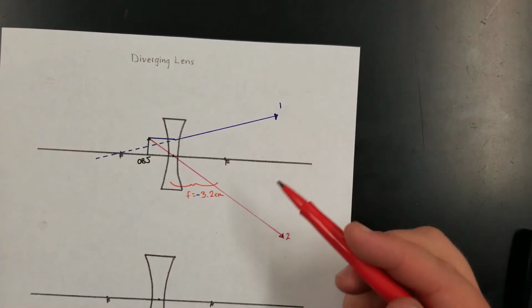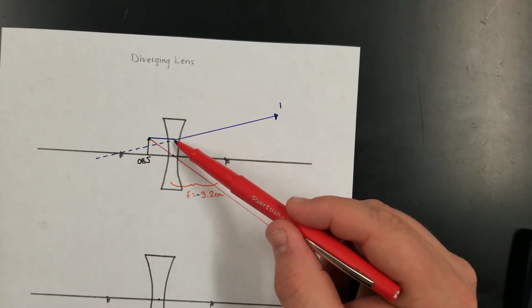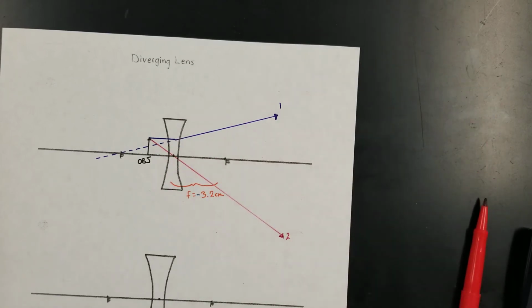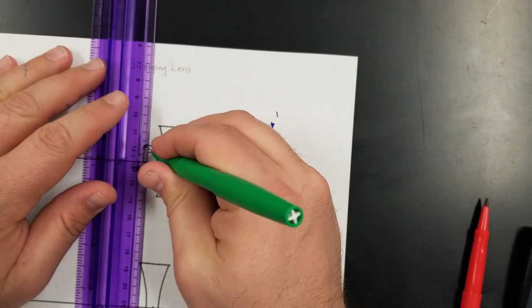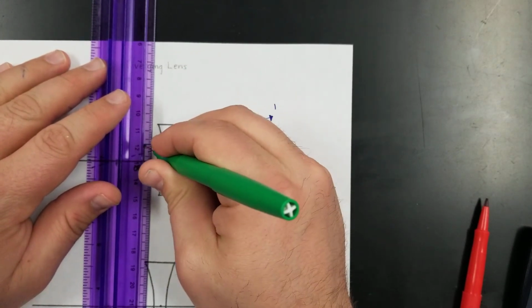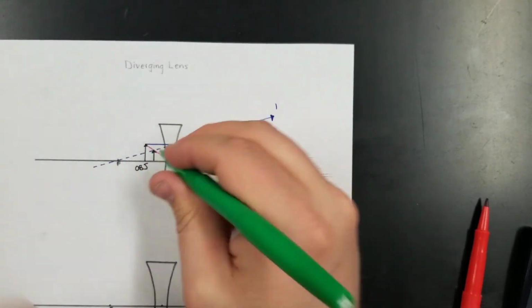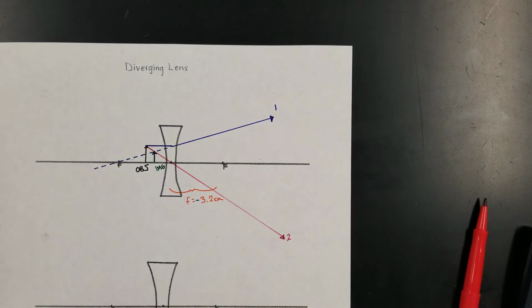They're not going to cross, so we need to extend them backwards. Well, they're already extended backwards. Ray number 1 we've already extended, so this point right here is where our rays are crossing. And so here is our image. That's why it's important to label things carefully on this one.